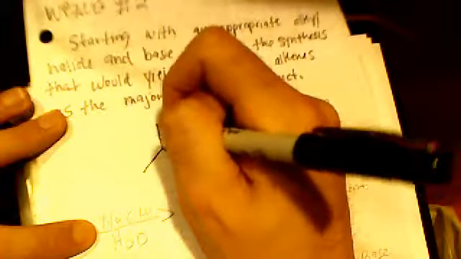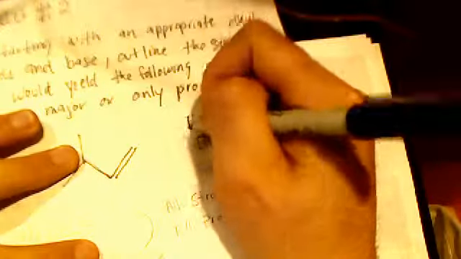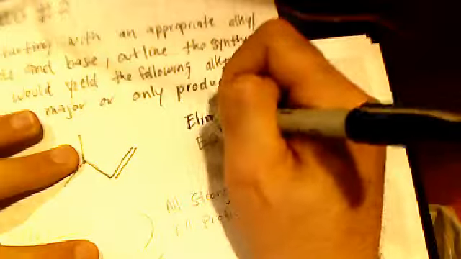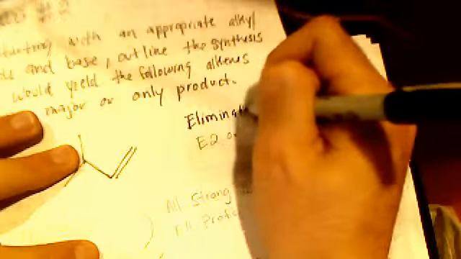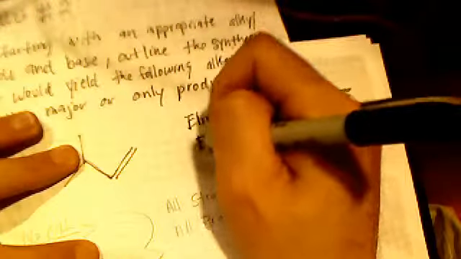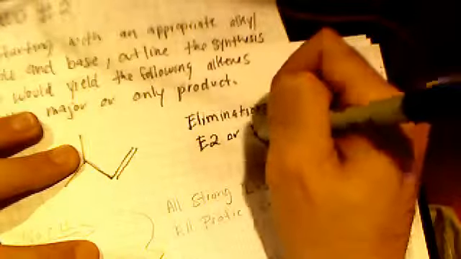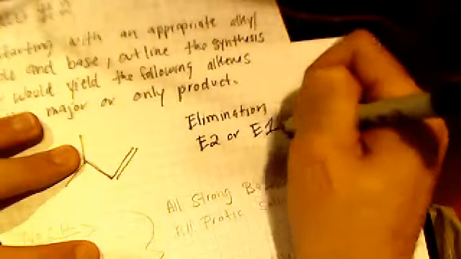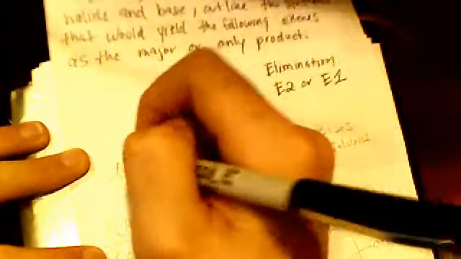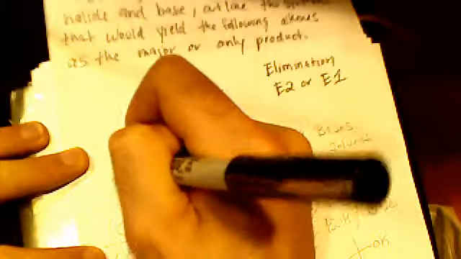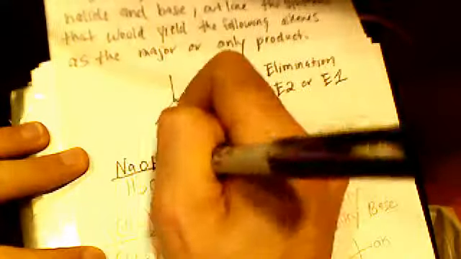Alright, so here's the alkene that they give us. And because it's an alkene, we're starting with an alkyl halide. We know that we want elimination, E2 or E1, who knows yet. And they give us 4 bases and solvents to choose from. So there's sodium hydroxide in water.